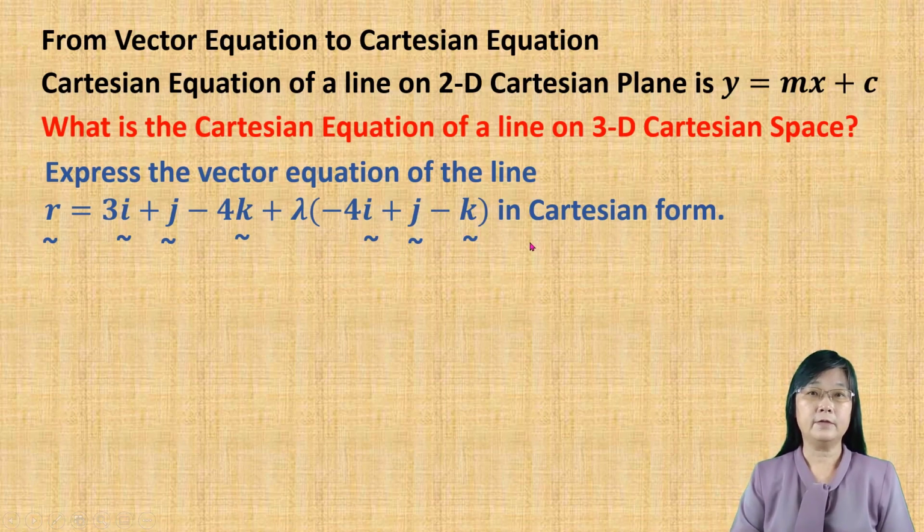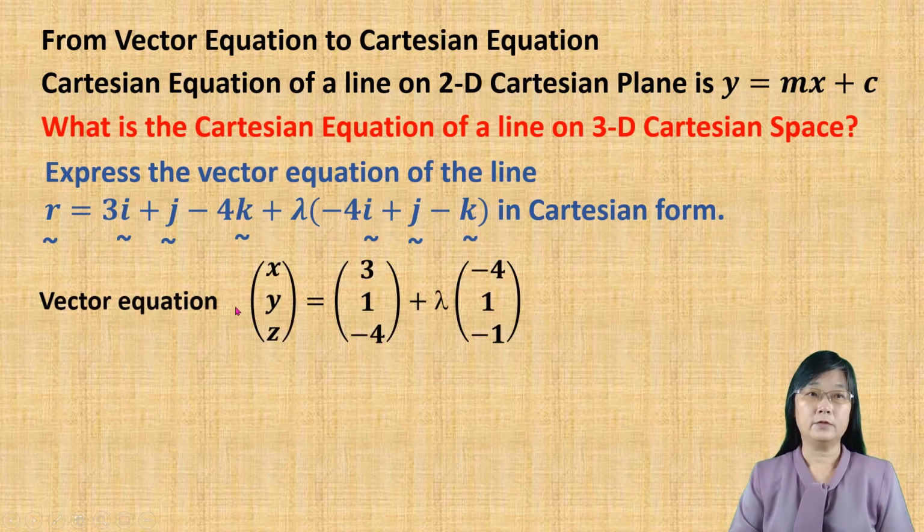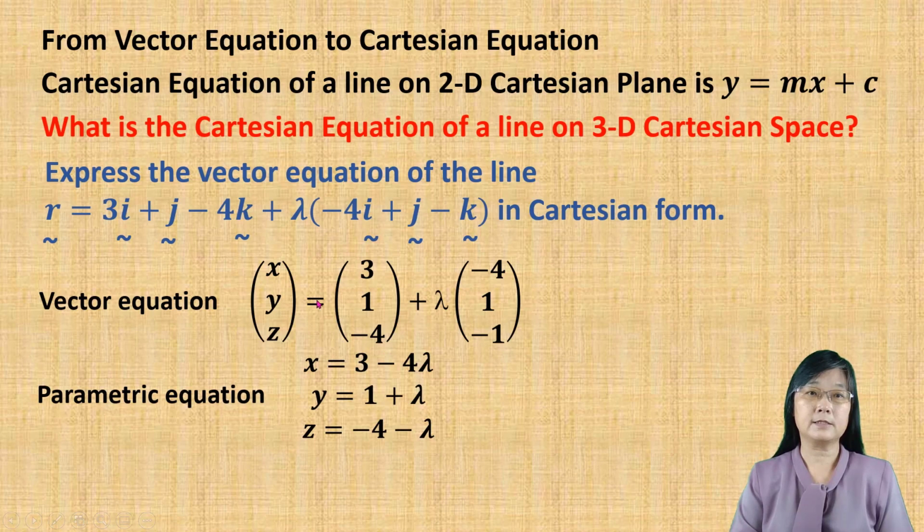So the first thing we need to do is rewrite the vector equation by using vector form. This is the position vector and this is the direction vector. Then from the vector, we take out all the elements from the first row. Then we get x equals 3 minus 4 lambda.